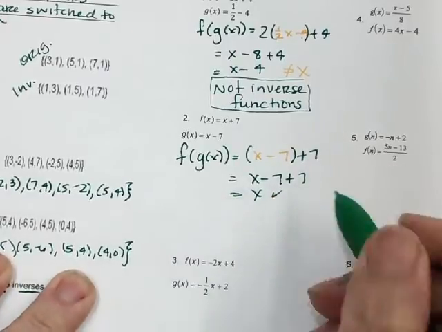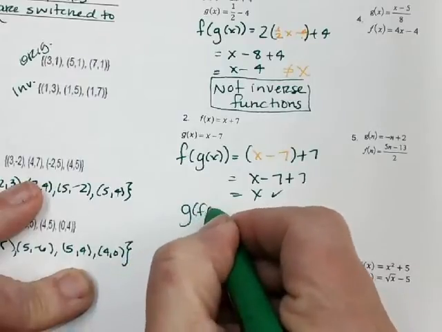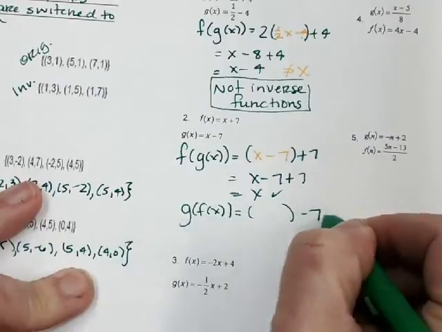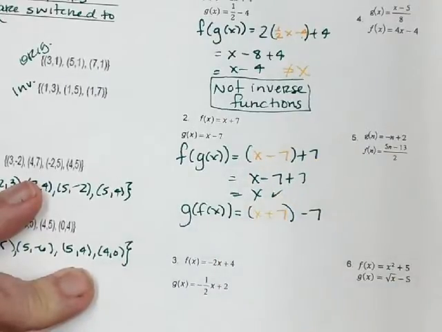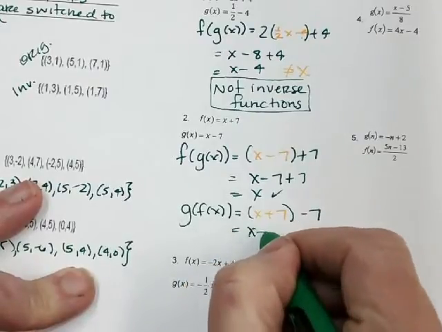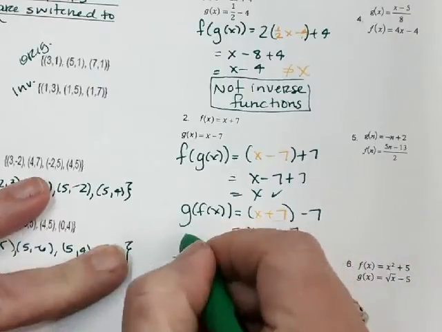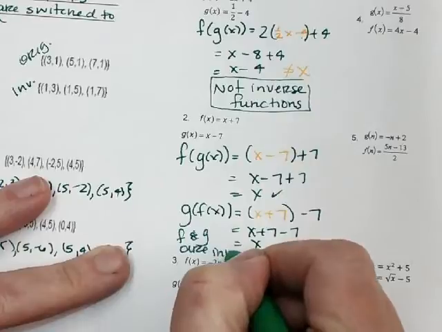Okay, so that means I need to check the other direction. I need to do g of f of x. And g of x is x minus 7, and I'm going to plug in x plus 7. I'm just doing composition. So that's x plus 7 minus 7, which equals x, and so f and g are inverses.